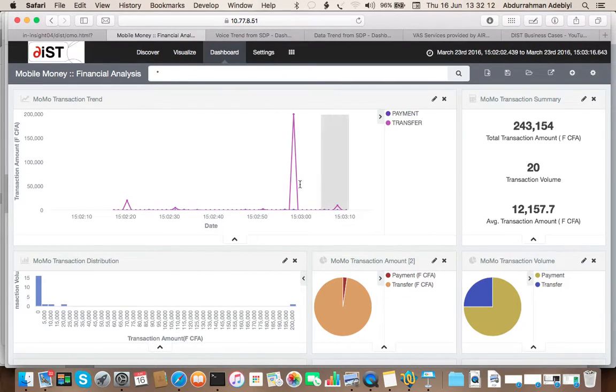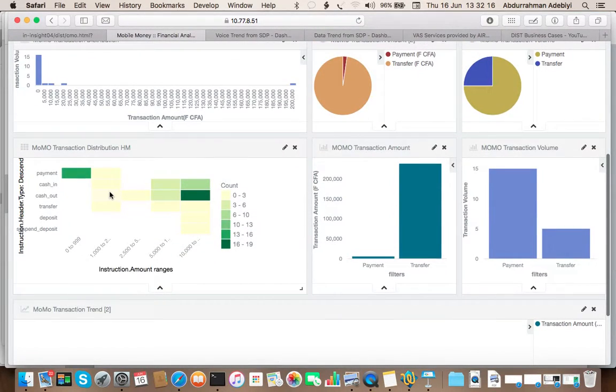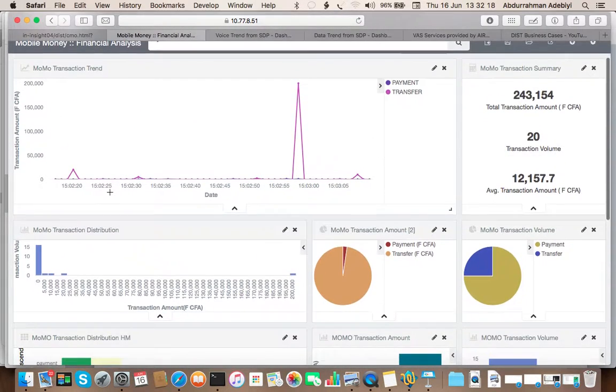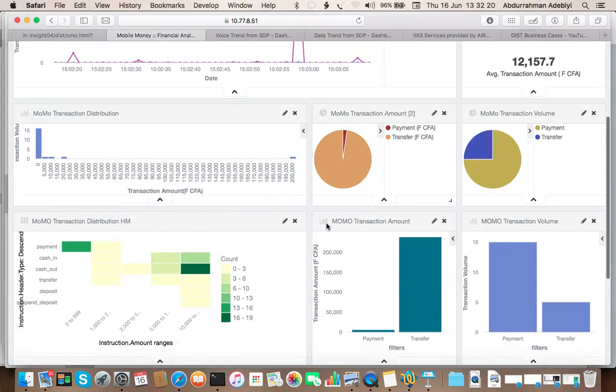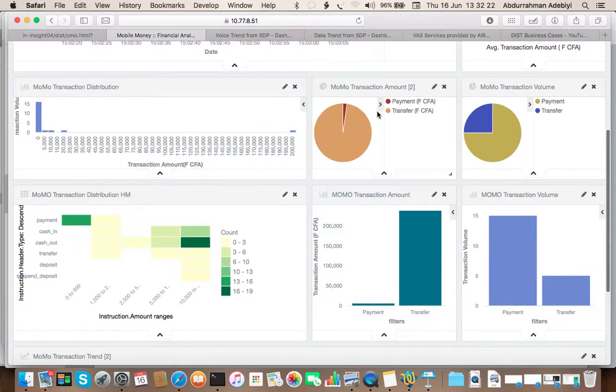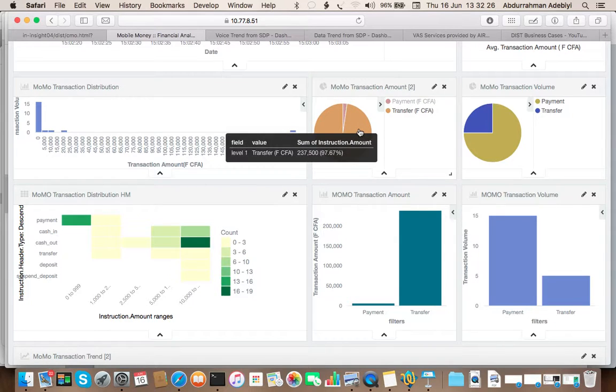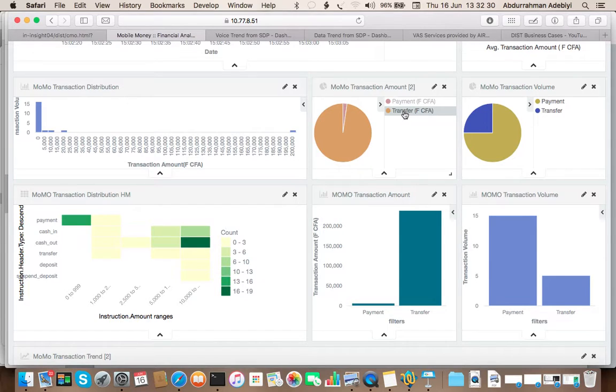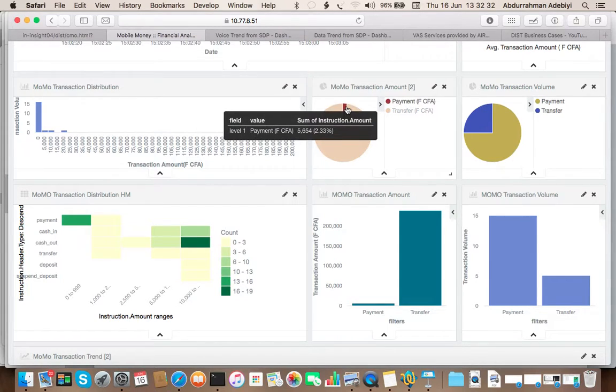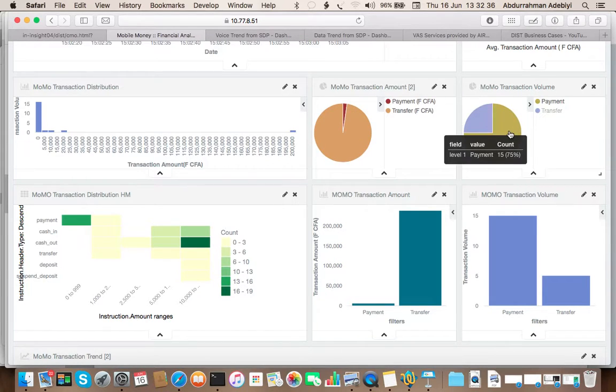What we see from this analysis within payment and transfer types of transaction is that although the payment transactions had more amount, that's 237,000, the transfer was just 5,000. But the volume of payment was much more than the volume of transfer.